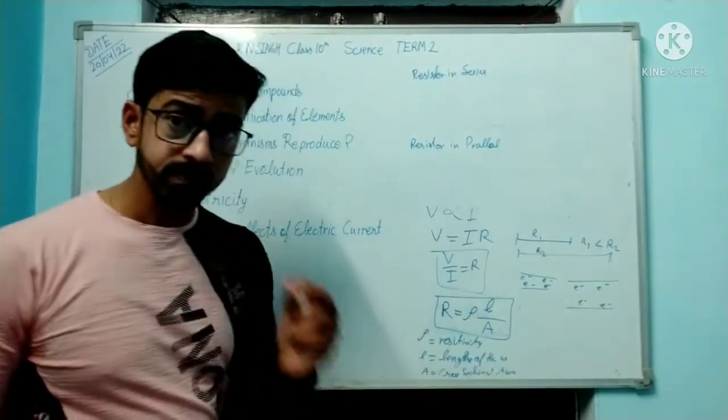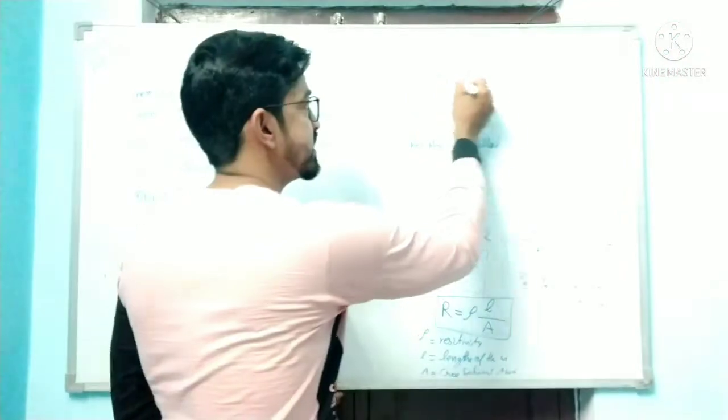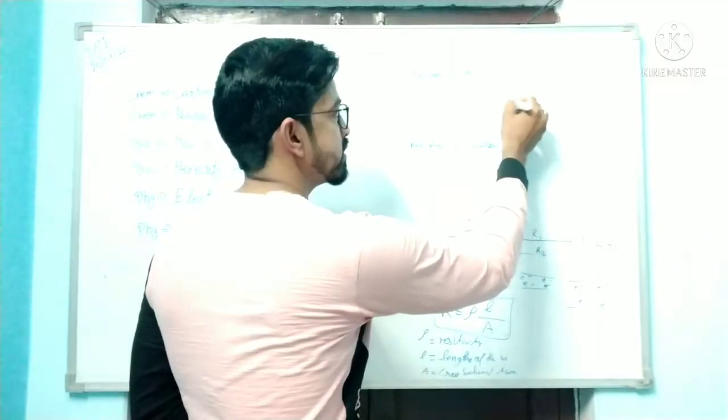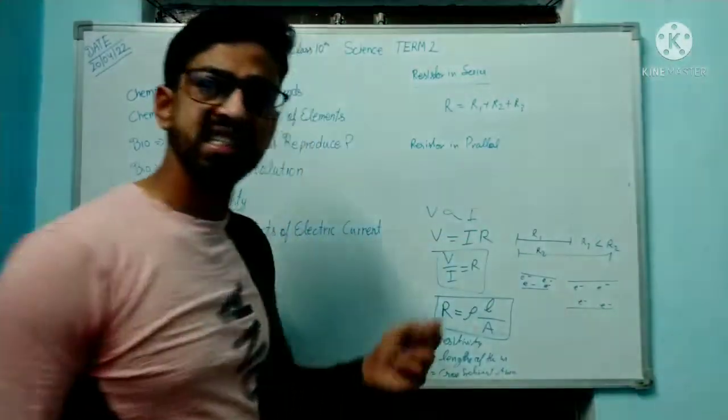Okay. So in series, the resultant resistance R is equal to the sum of the resistances, simply.